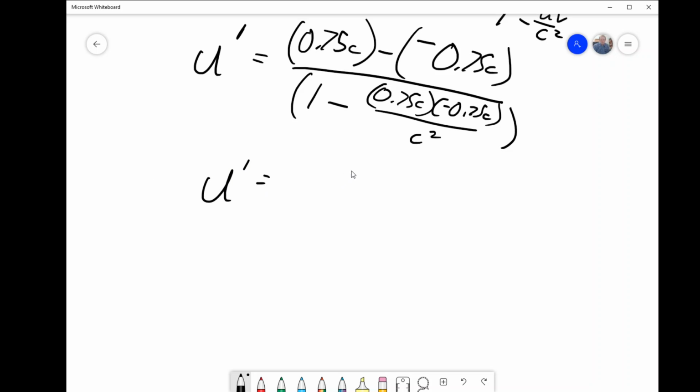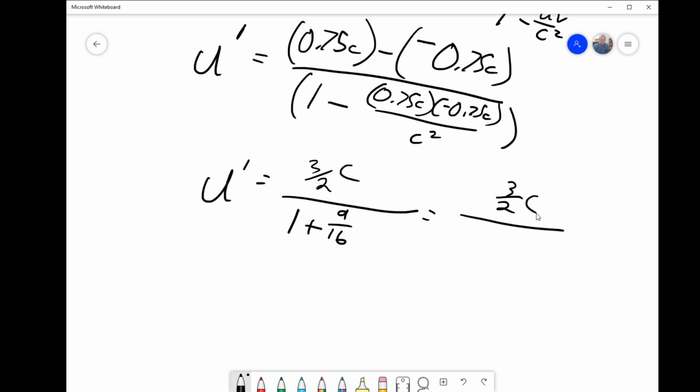So our modified velocity here is 3/2 c over 1 plus, and this is 3 over 4 times 3 over 4, so that's 9 over 16, and the c's cancel. Combining our like terms, we get 3/2 c.